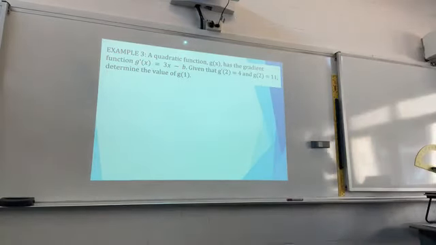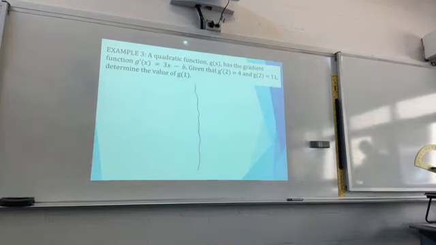Now, the first thing you need to do is work out what b is. From b, you need to work out the equation, and then from the equation, you need to determine the value of g(1). So there are 3 steps altogether.